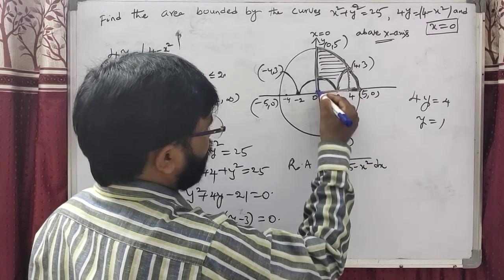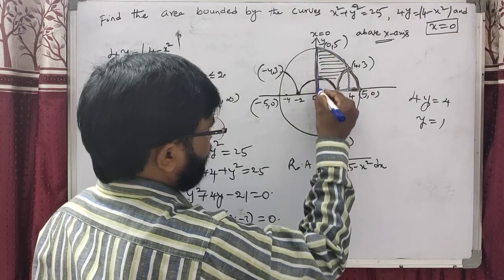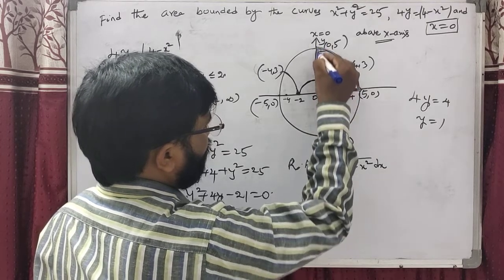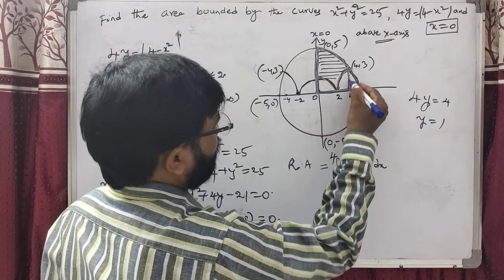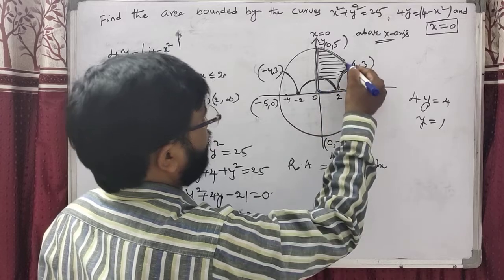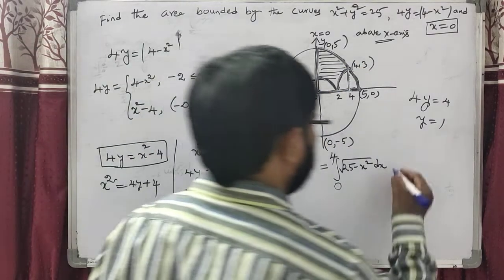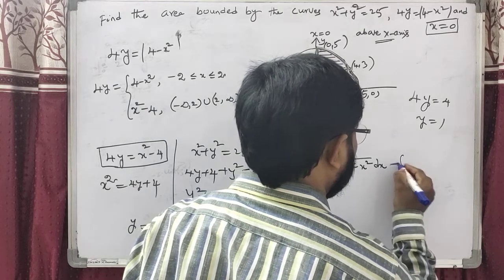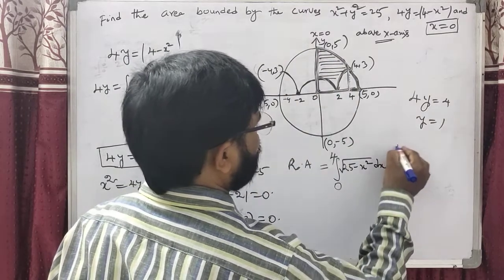Therefore, we take 0 to 4 of root of 25 minus x square. In that, the first curve is there from 0 to 2.